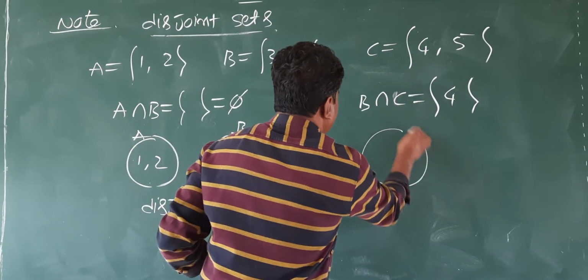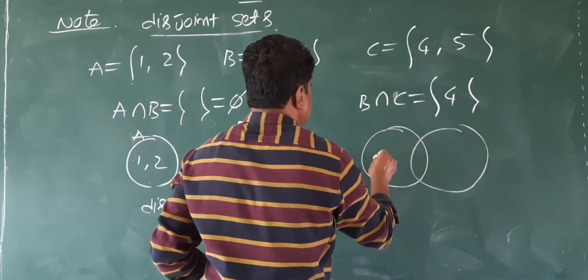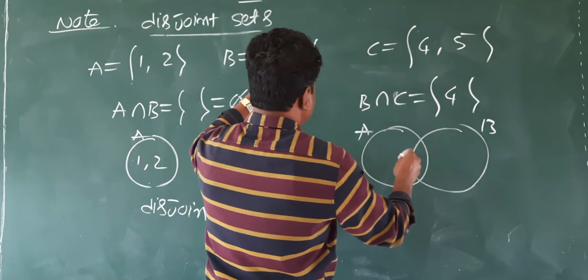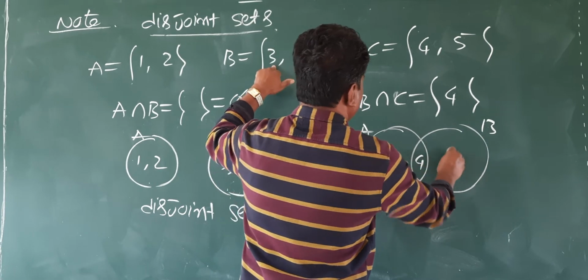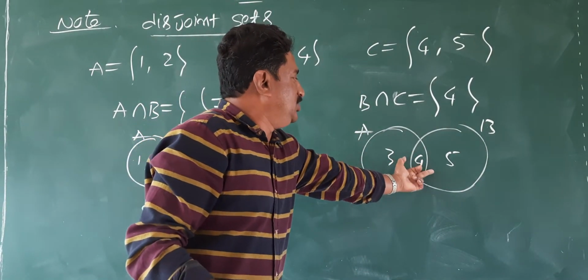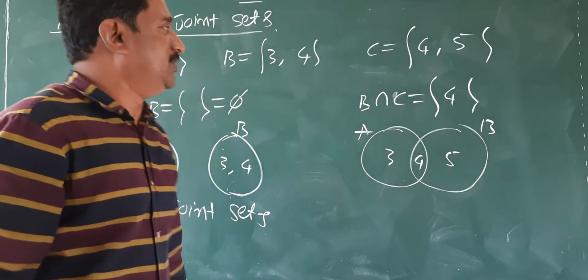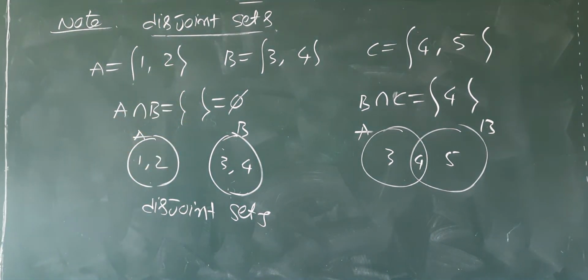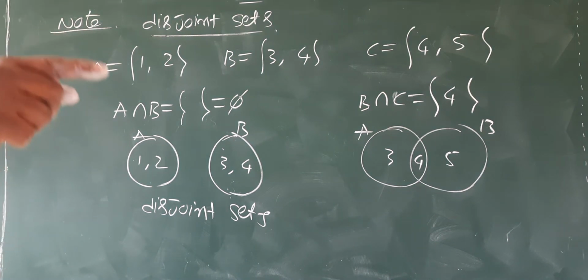Drawing the diagram, set B has 3, 4 and set C has 4, 5. Both sets are joined by 4. Joint sets, disjoint sets. I hope you got a complete idea.